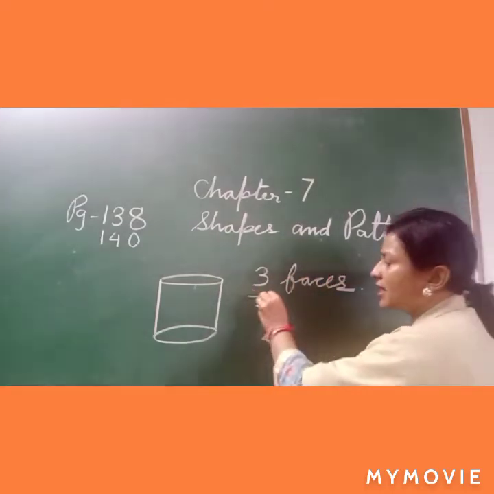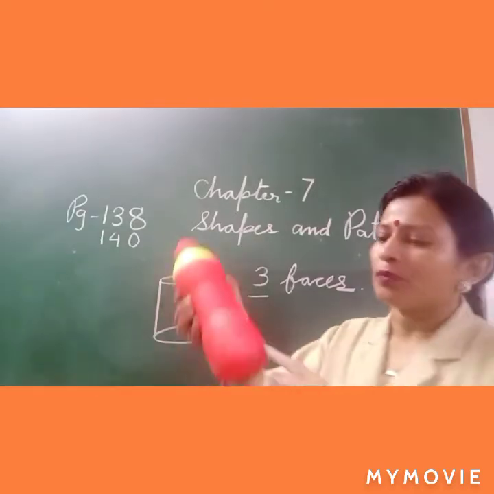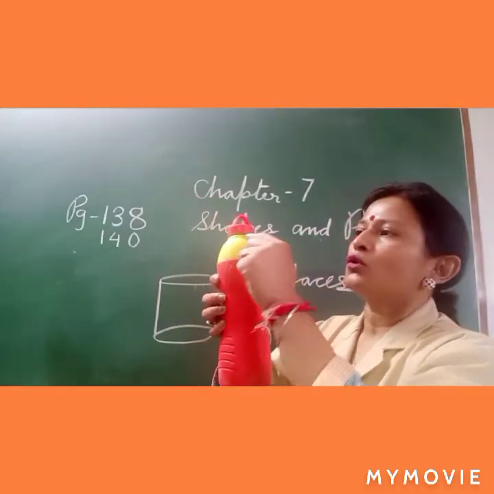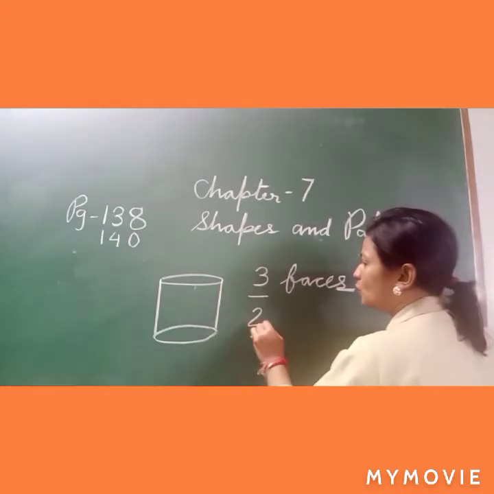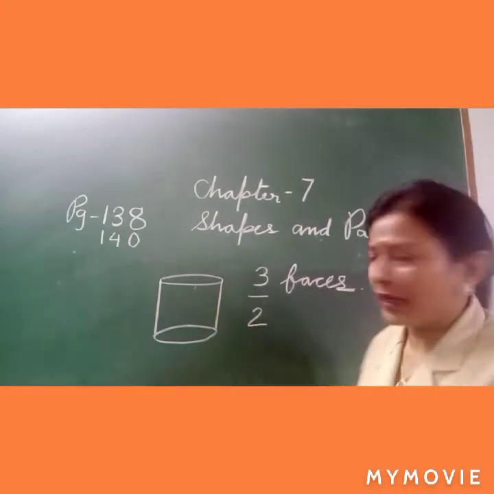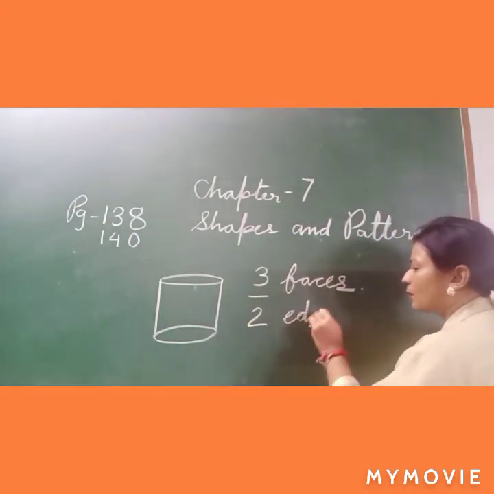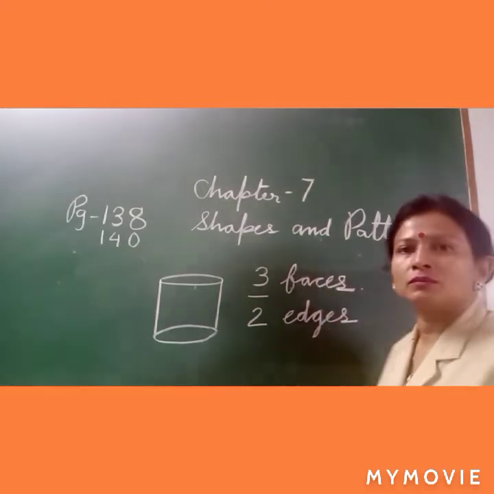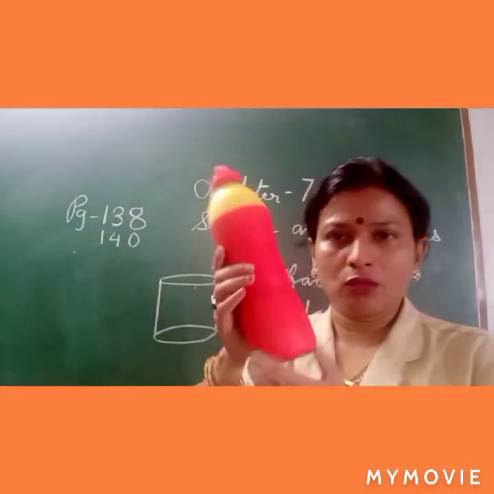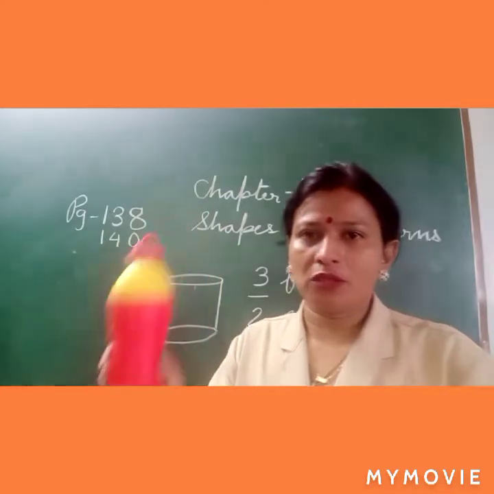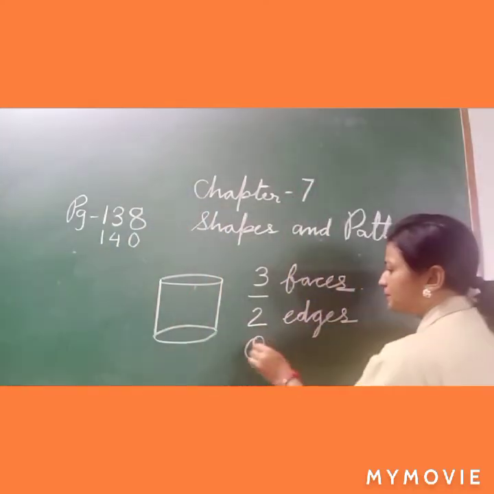How many edges are there? Lines? 1, 2. So, 2 edges are there. Okay. Here there are no corners.